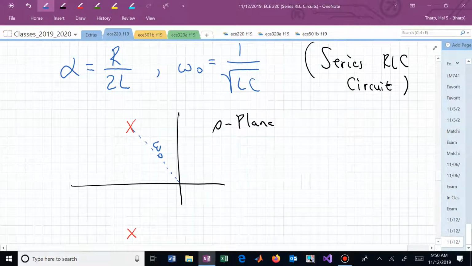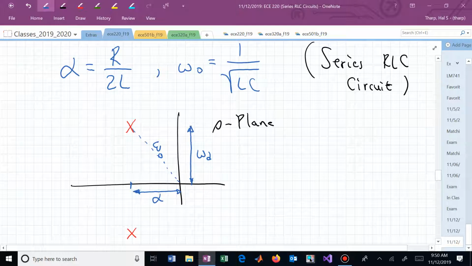Its real part, how far it is into the left half plane, that distance is alpha. Omega sub d, how it oscillates, is the damped frequency, where this root is now minus alpha plus j omega sub d.